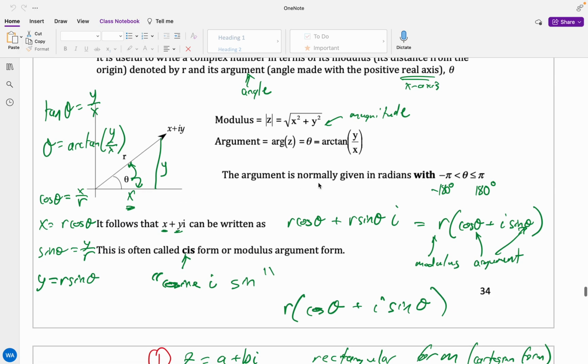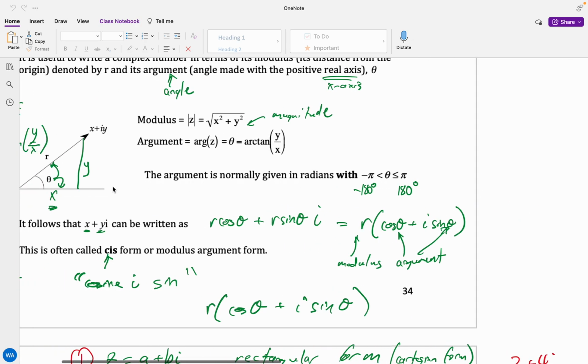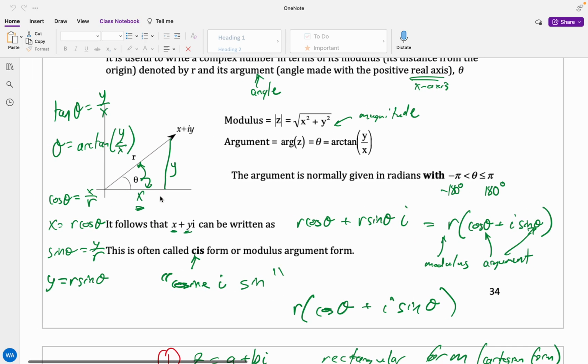In this example, it works. The argument is normally given between -180 and 180, which is what we were saying when we looked at the fact that it rotates from the x-axis in this direction or in this direction, whichever way is faster.